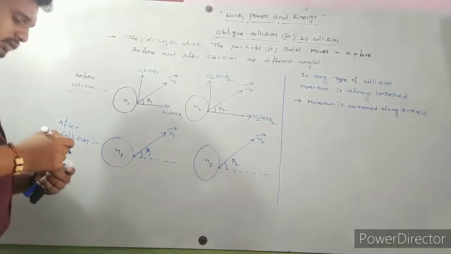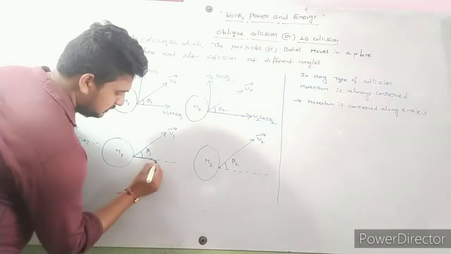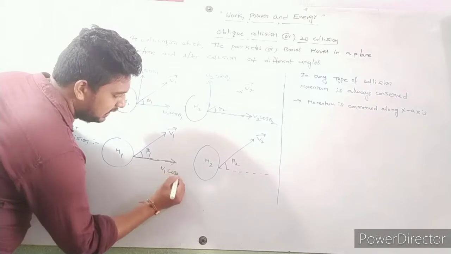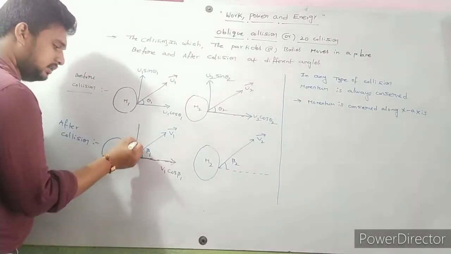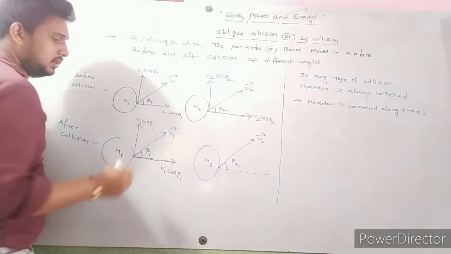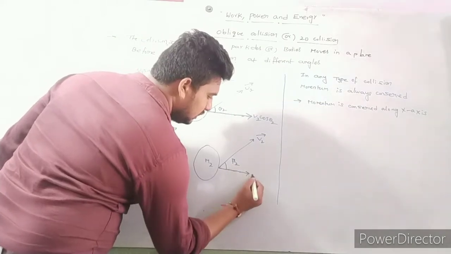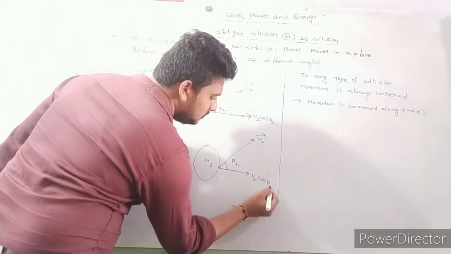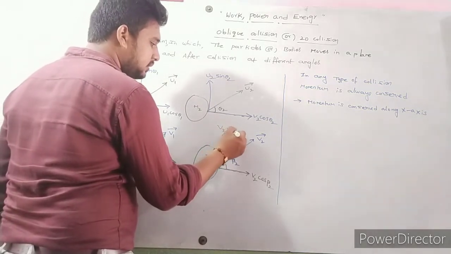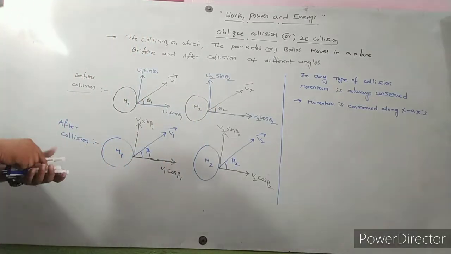And similarly here also it made angles. That is nothing but v1 cos beta1 and v1 sin beta1, and here v2 cos beta2 and v2 sin beta2. So like this it is going to be formed.